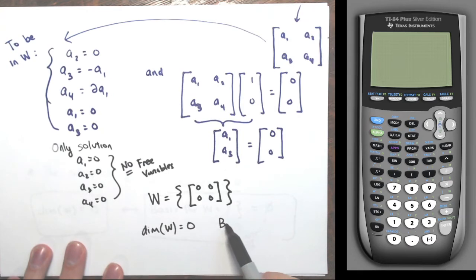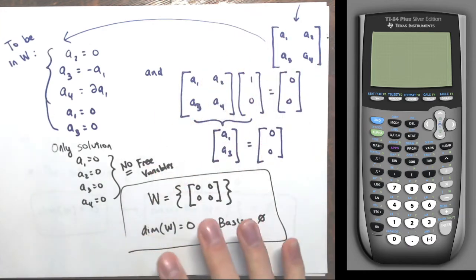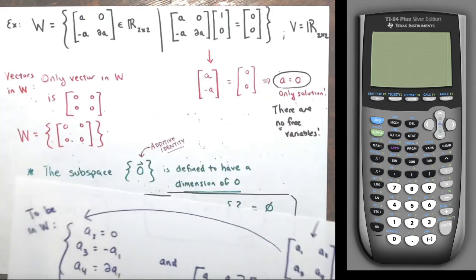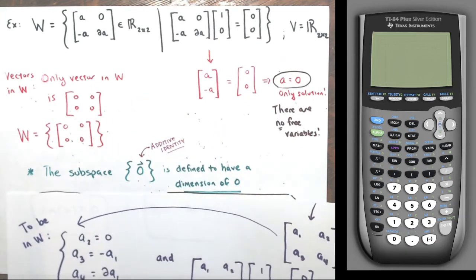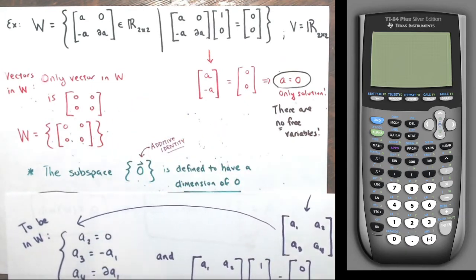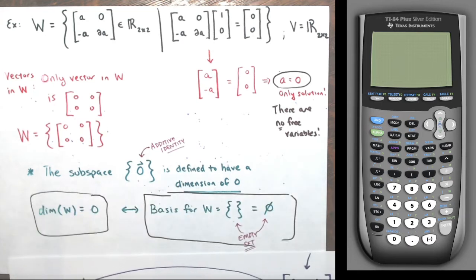Again, basis is that empty set, a set with no vectors. Again, you could have done it that crazy long way, but really just looking at this condition, I figured that out earlier. That only the additive identity, only the 0 vector is in this space. So it'll have a dimension of 0.